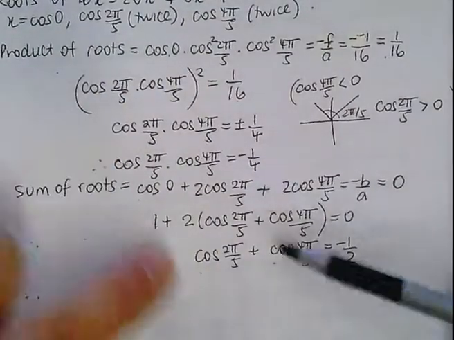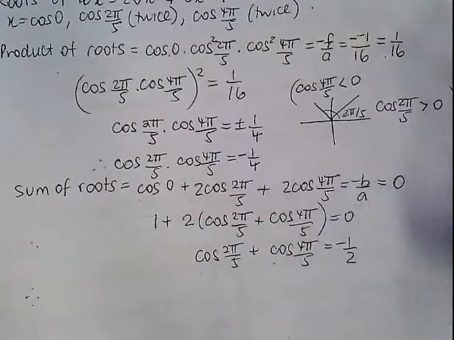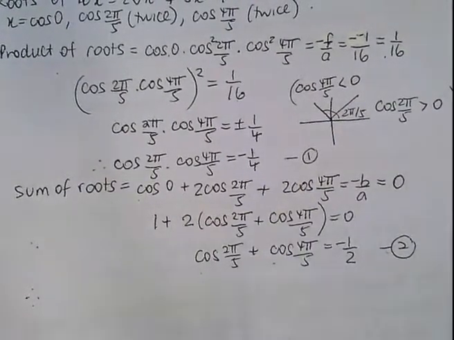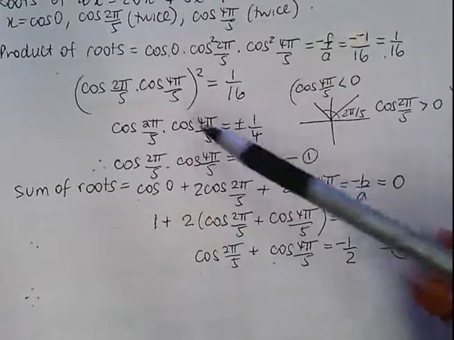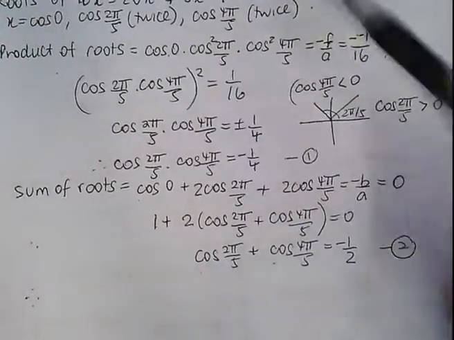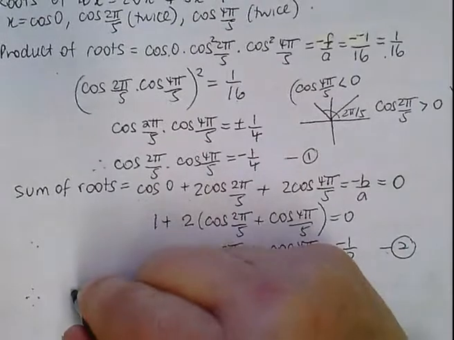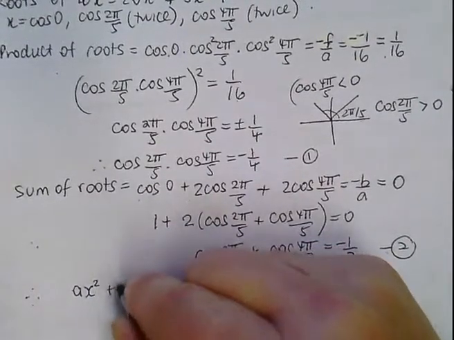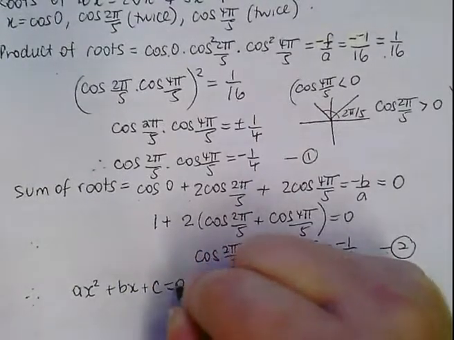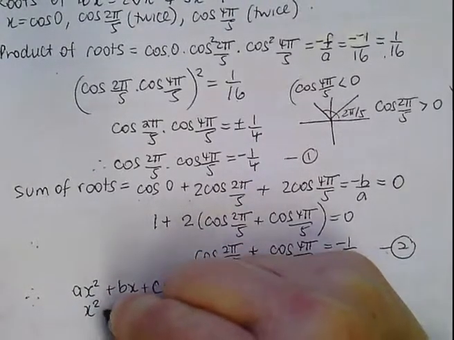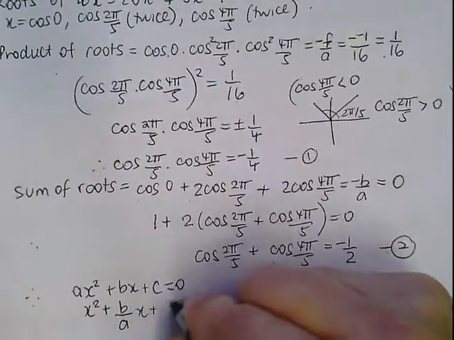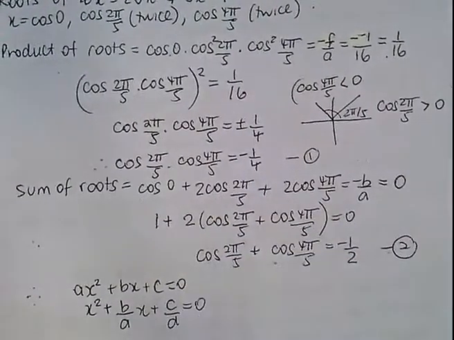We can form a quadratic equation with these two equations here, equations 1 and 2, because we've got the sum of two roots and the product of two roots. So remembering, if ax squared plus bx plus c is 0, then dividing through by a, x squared plus b on a x plus c on a equals 0.